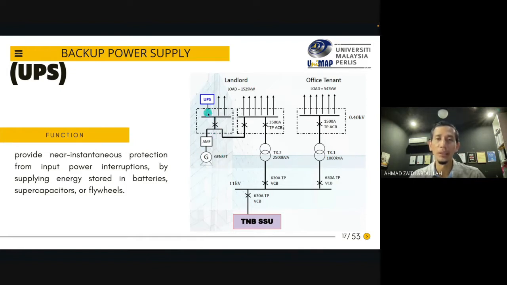The connection of the UPS must be after the load, parallel with the load. That's the connection, simple. So it does not need a lot of configuration and installation like a genset system. For a genset we need a very specific installation, room and connection and so on, but the UPS should be easier compared to the genset, though it still has a connection and so on.